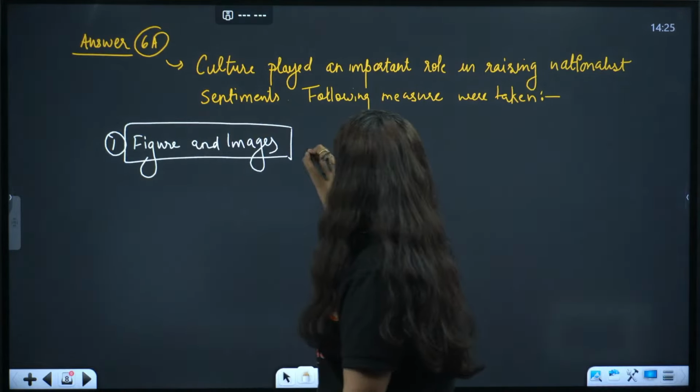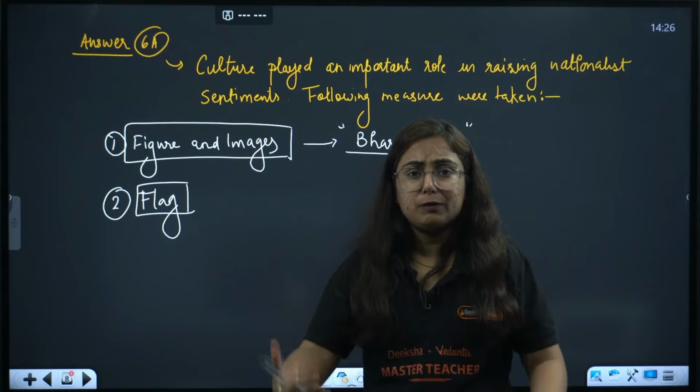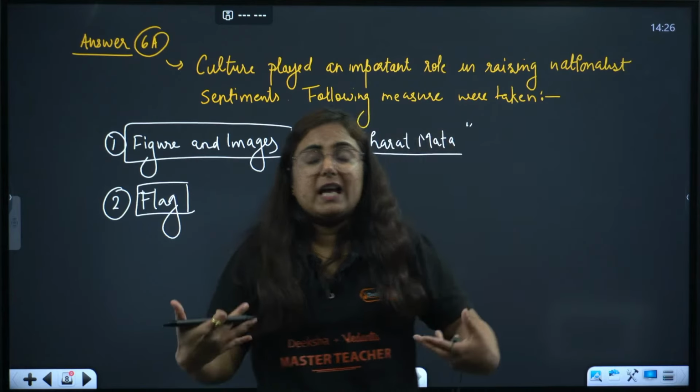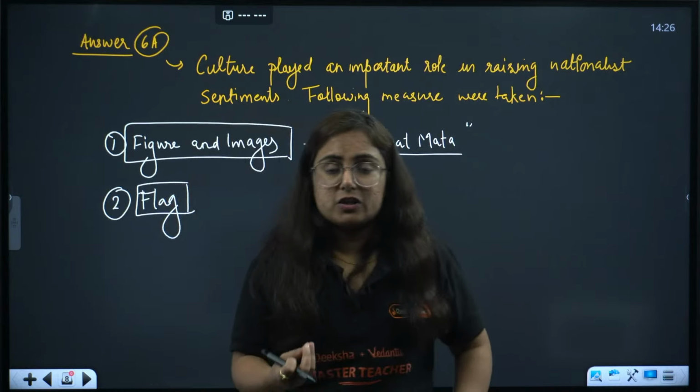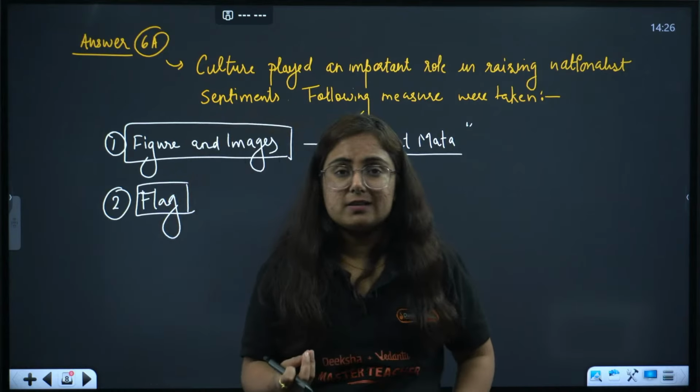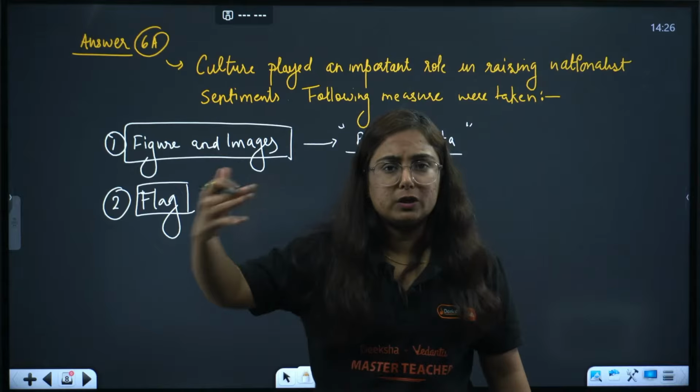Do not get confused in this. Okay, get it? Now the next role is played by the flag. Whenever we see the national flag, Bharat Mata, we get goosebumps, we feel connected to nationalism, right? Then why not the people during the time of the freedom struggle? Yes, they felt it at that time too. So we know the story of the evolution of the flags.